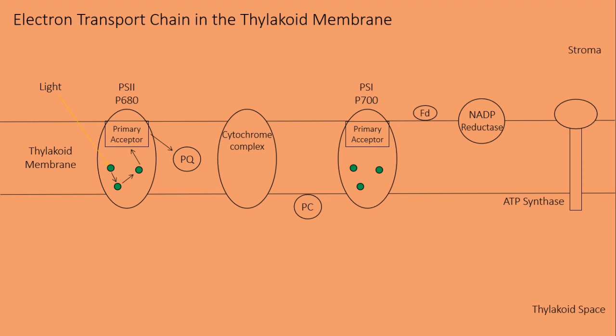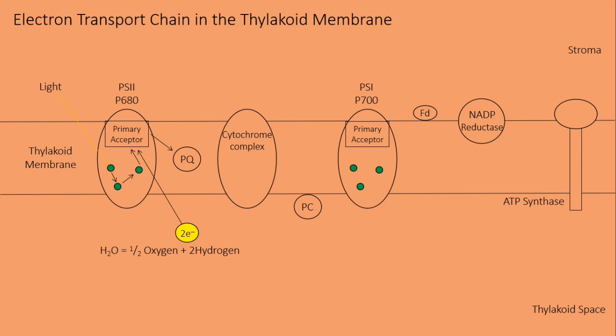Now, since chlorophyll lost its electrons and needs to be replenished, it will take the electrons from water by splitting water into oxygen gas and 2 hydrogen ions. Water will then lose 2 electrons to give to photosystem 2 and the primary acceptor.